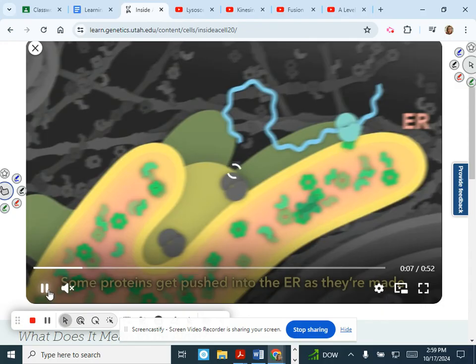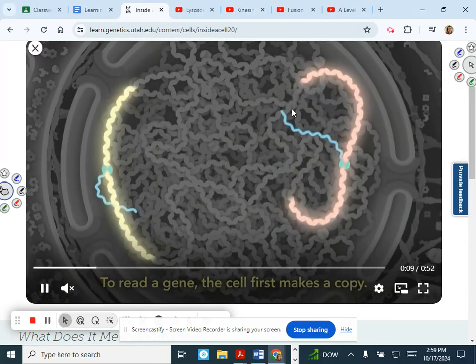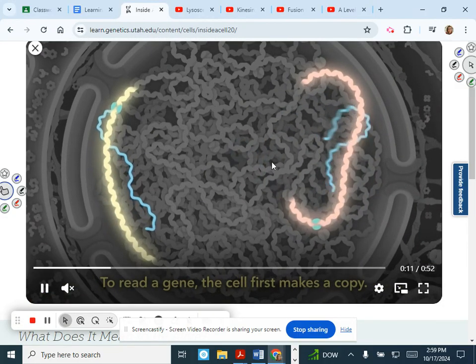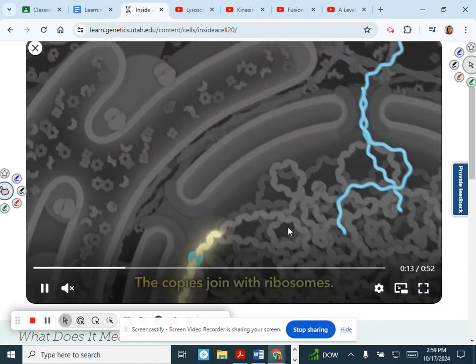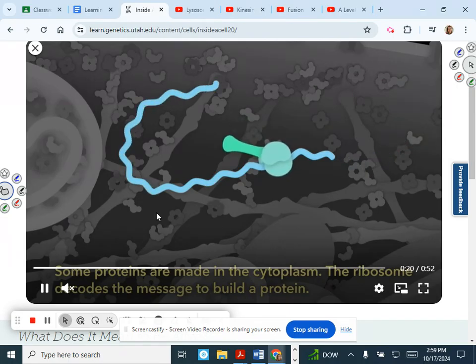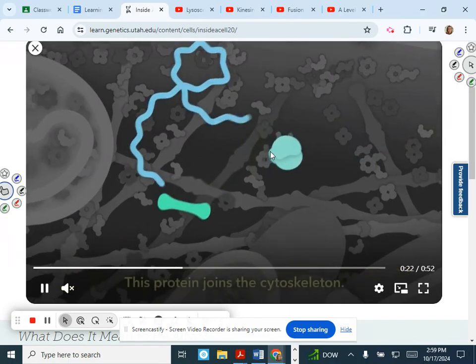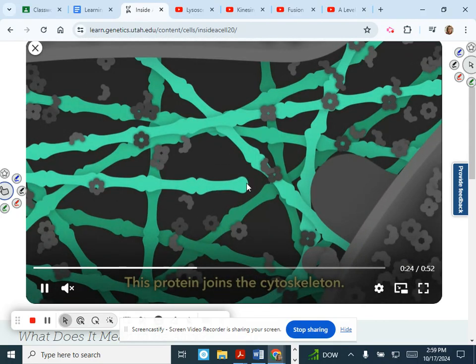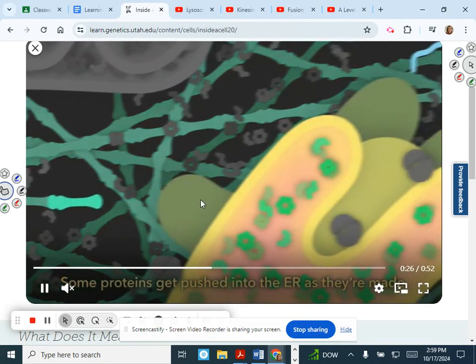So back here in the nucleus, when we built this mRNA, this is the instructions. We're going to take those instructions out to the ribosome, and the ribosome can read the instructions and build the protein. Okay, so see, we have free ribosomes, and when they're done, they're going to release those proteins into the cytoplasm to do a job.